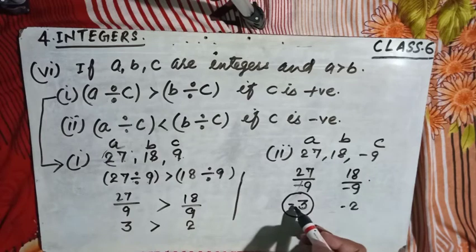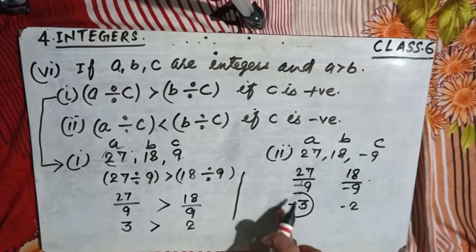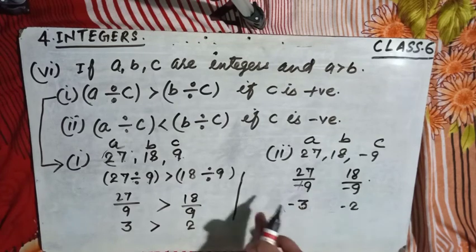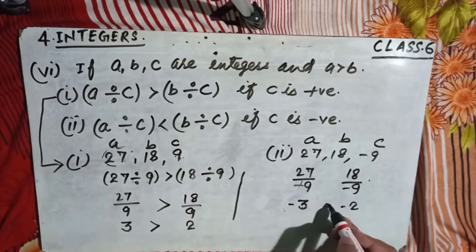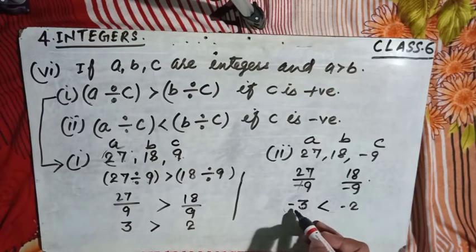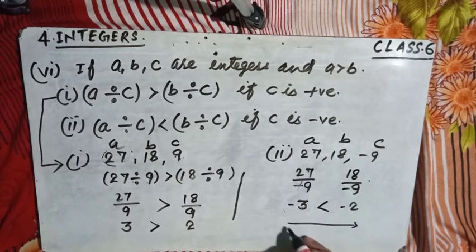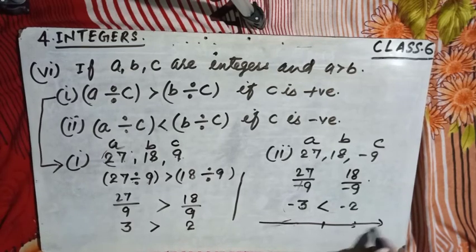but it is really less than minus 2, because of the minus sign. If the numerical value is greater with the minus sign, the number is always less than the other number. That means minus 3 is less than minus 2. If you look at the number line, here is 0, here are 1, 2, 3, and minus 1, minus 2, minus 3.